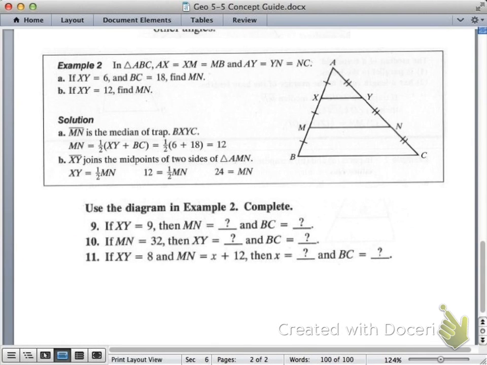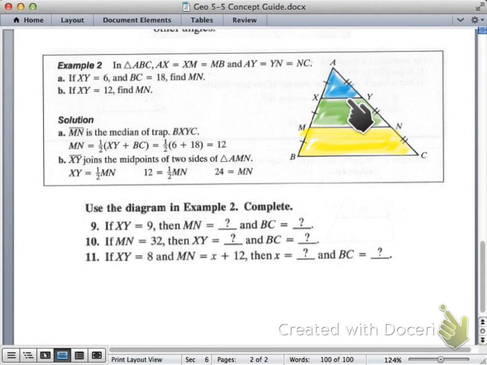Okay, the bottom half of our page has the other type of question, the other type of diagram that you're going to be seeing. Now, before we jump into this, look at what this diagram is about. We have a little triangle on top of a medium-sized trapezoid on top of a bigger trapezoid. If you put the blue triangle on top of the green trapezoid, we have a bigger triangle.